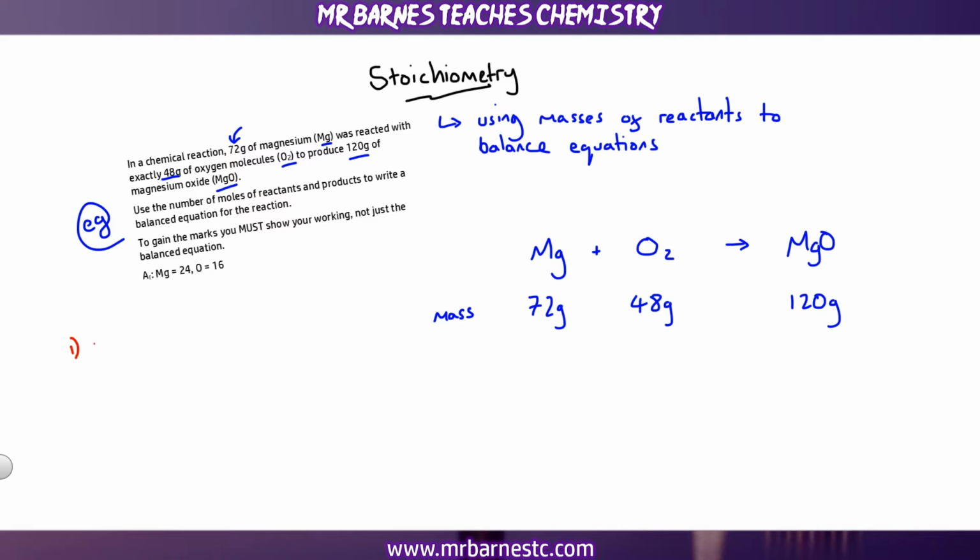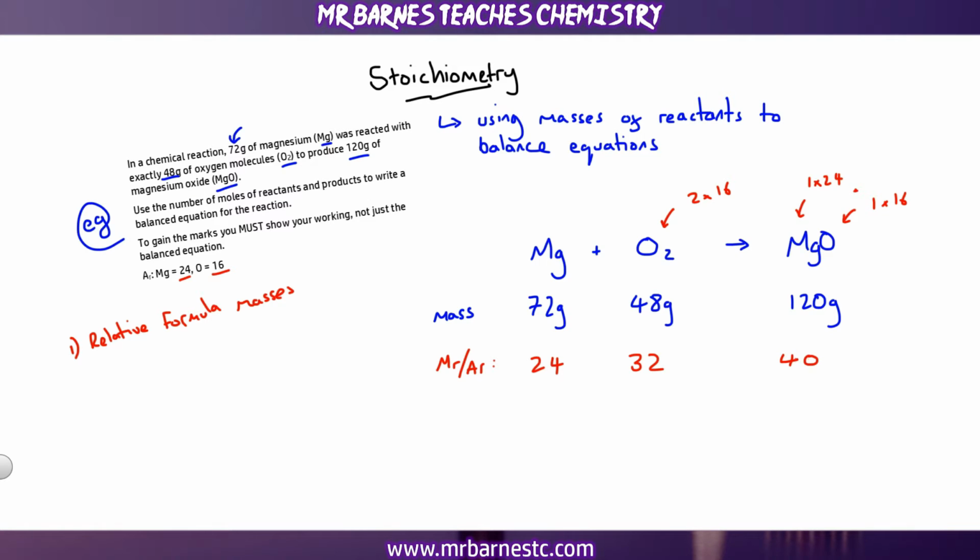So we have to start by working out the moles again. And to do that, you've guessed it, the relative formula mass. So we work that out for each of our 3. Magnesium is just magnesium, so that is 24. Oxygen, you've got 2 lots of O2, so that's 32. And then magnesium oxide, 1 magnesium, 24, 1 oxygen, 16.